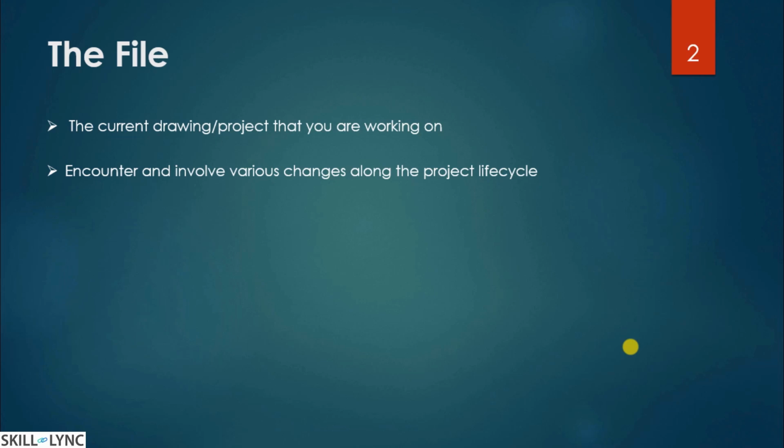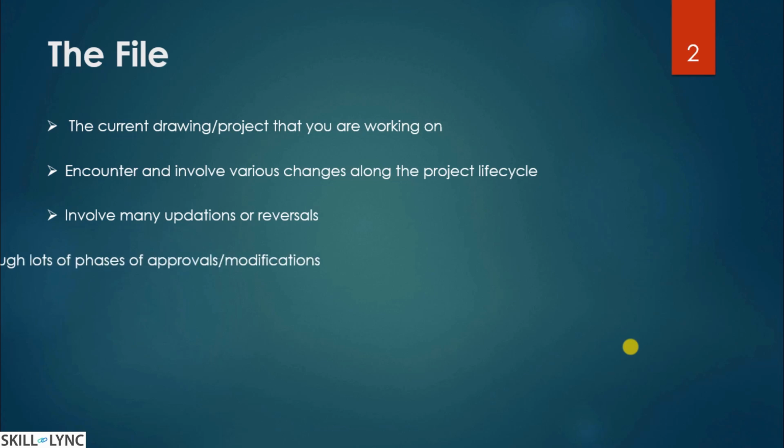So the drawing file will be the start point of this. And when we go through this life cycle evolution, we'll have many updates, reversals back to previous versions, modifications of certain parameters, and so on. So it's a continuously evolving process. The drawing that you're working on is not a straight-line process. It is an iterative and repetitive process.